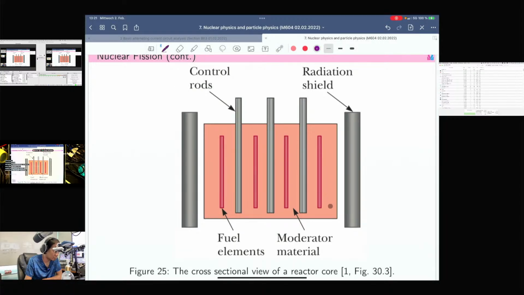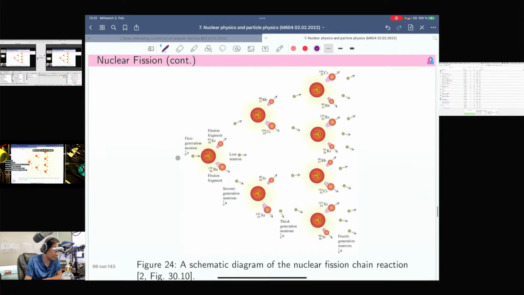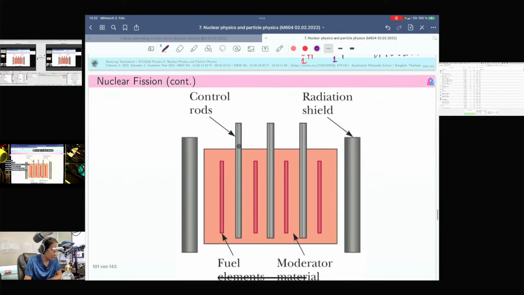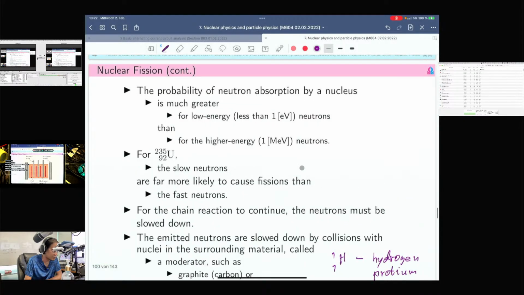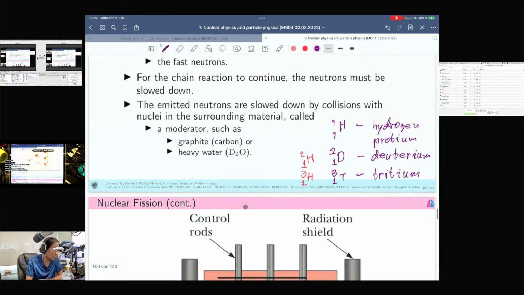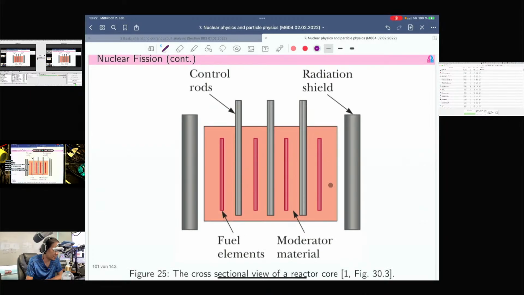If you don't control it, starting from a single nucleus you will have explosions onto many nuclei, and this will explode like a nuclear bomb. They use this process without any control in the nuclear bomb, but in the nuclear power plant we need to control and reduce it a little bit. Otherwise, the power plant is going to explode. We need to control the amount of energy because it expands quickly.